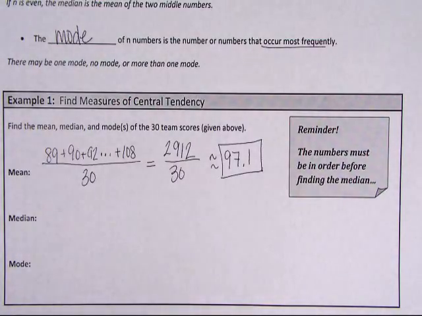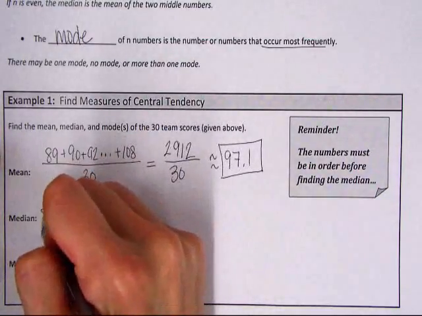Your median is going to take a little bit more time than your mean, because your median requires that you actually put things in order. I put a little sticky note off on the right-hand side that tells you that the numbers must be in order before finding your median. So what I did off on my paper, and I'll upload this as a key, I put everything in order, all 30 of them. I'll just write them out really quick.